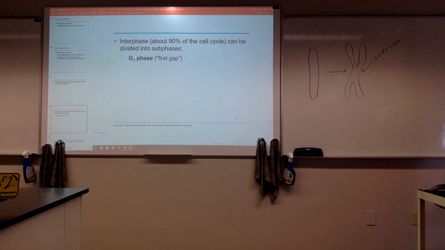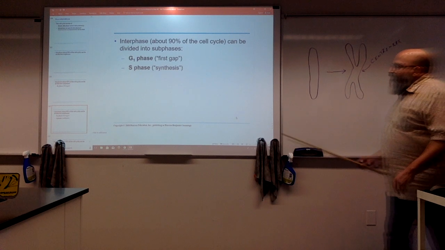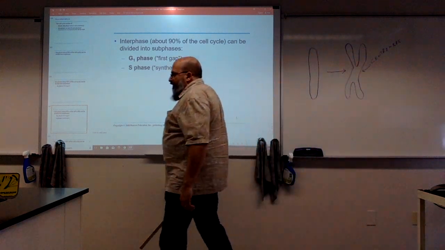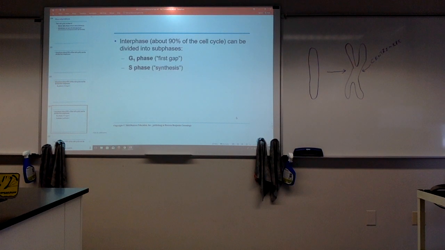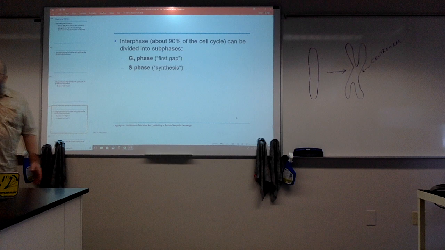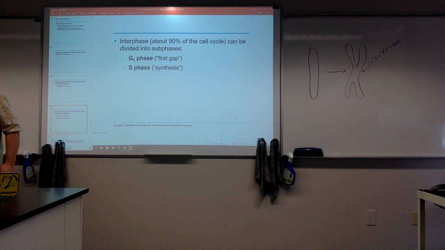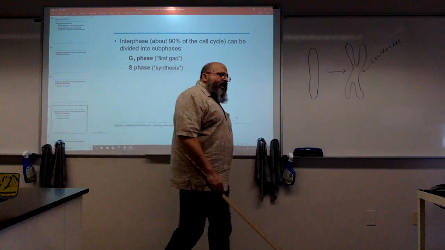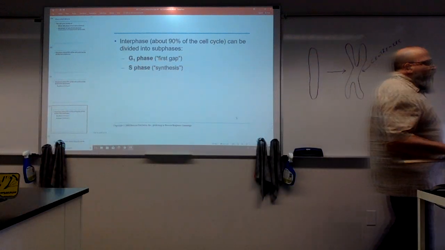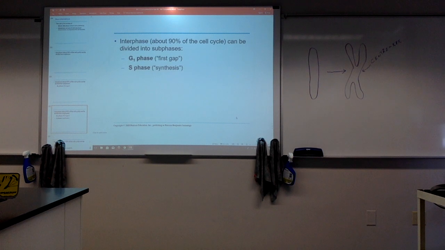The second subphase of interphase is the S phase. The S phase of interphase. So they call that the synthesis phase. Well, synthesis of what? We had synthesis of proteins during G1. So what could be synthesized here? DNA. That's where DNA replication occurs, is the S phase.